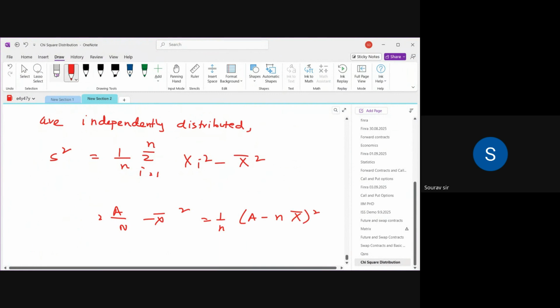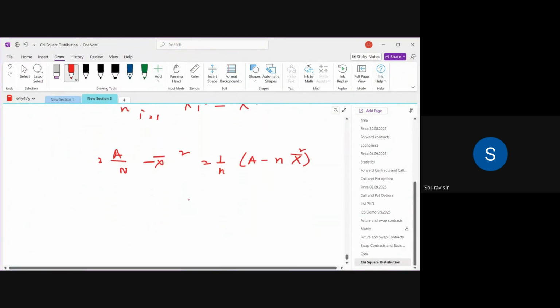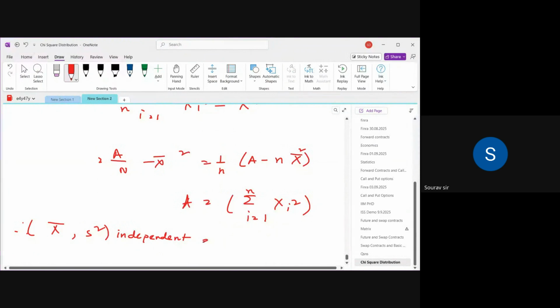So it's inside, okay? A is summation of i from 1 to n xi square. So X bar and S square are independent. That means X bar and A minus n X bar square are independent.